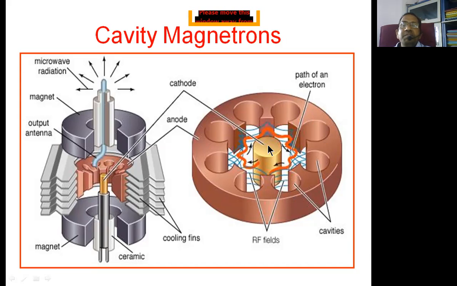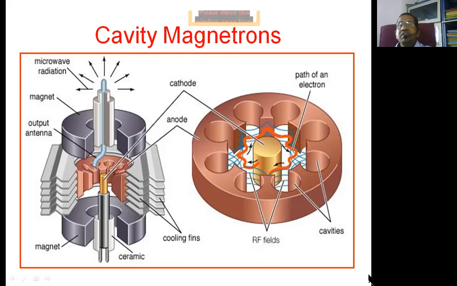Now the space between the cathode and the cavities is nothing but the interaction space. In this interaction space, the RF field or the microwave fields which are generated travel by touching these anodes continuously. Whenever we want to pick the signal, we pick it from this particular cathode.